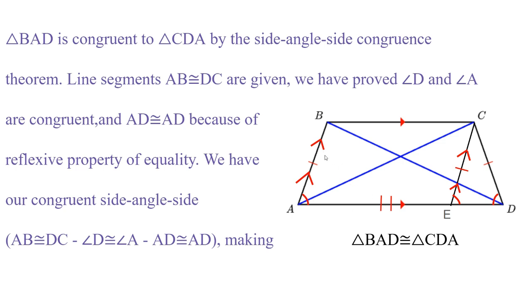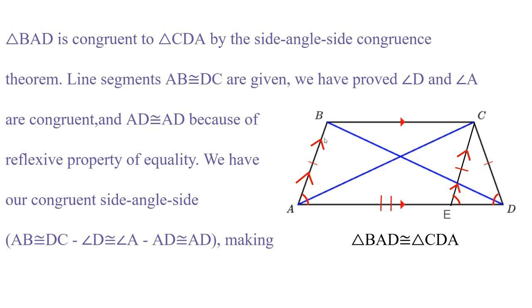We are given that line segments AB and DC are congruent. And then we proved earlier that angles D and A are congruent. And finally, line segment AD is congruent to itself because of the reflexive property of equality.